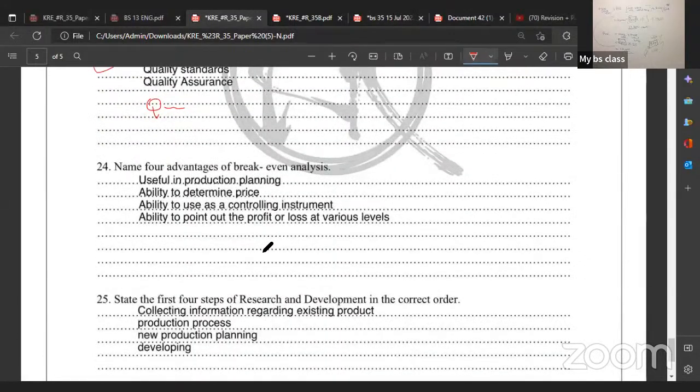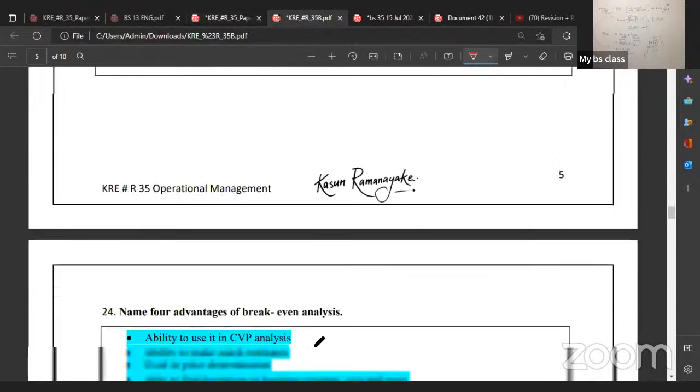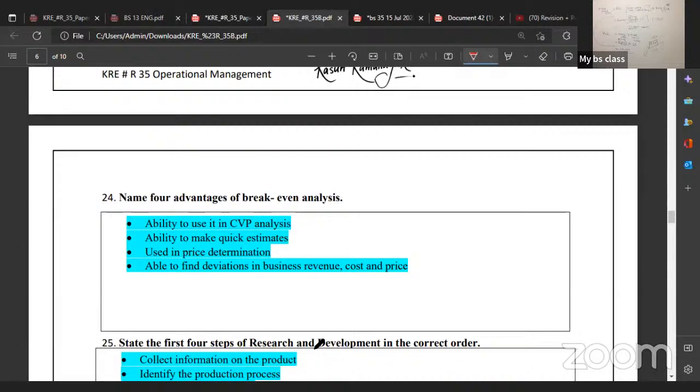Name 4 advantages of break-even analysis usually in production planning. Determine the price, yes, because you can think about the price. What kind of profit will we be earning, what kind of loss. I believe it's a controlling instrument, the ability to point out the profit or loss at the various stages. Ability to see the analysis of cost, volume, and profit.